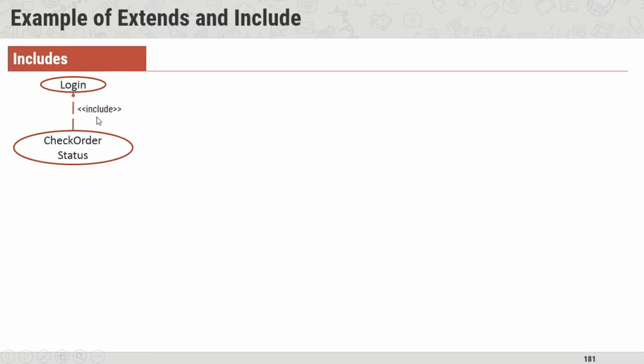Now here we can see that we are having these two use cases, like what are the two functionalities, login and checkout order status. So if I want to do this functionality, checkout order status, before that I should log in into the system, like this should be included before doing this activity.